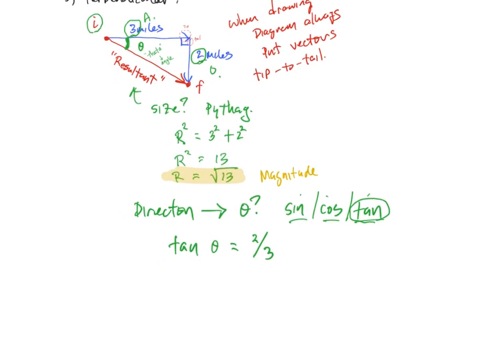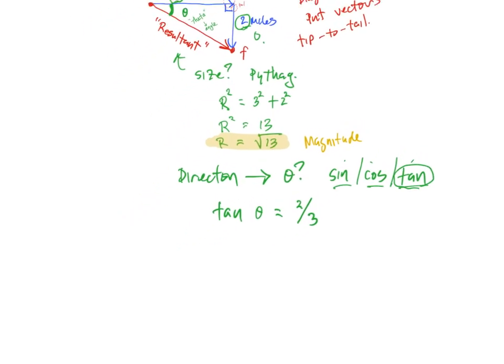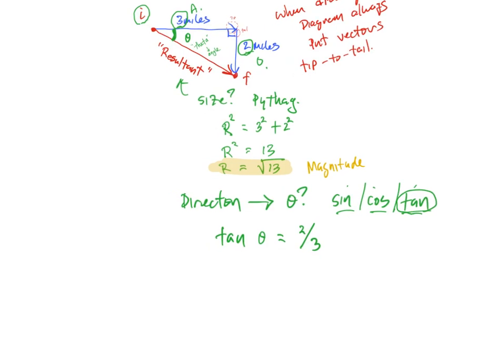And now what we have to do is figure out, if the tangent of theta is 2 over 3, then what's theta? To do this, we have to do the inverse of tangent, which is sometimes called the inverse tangent. Some people call it the arc tangent. On the calculator, you'll see it looks like tan to the -1. You usually have to hit a second button and then the tangent button, and you will get that.